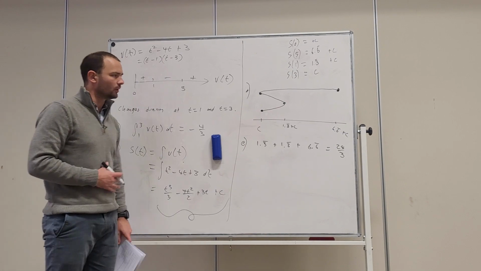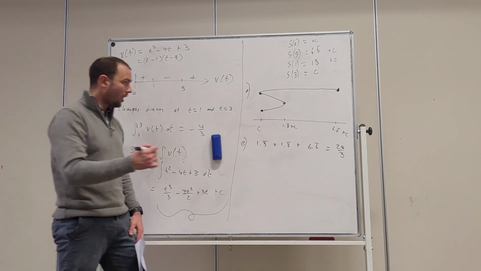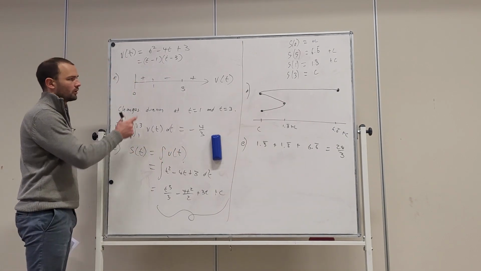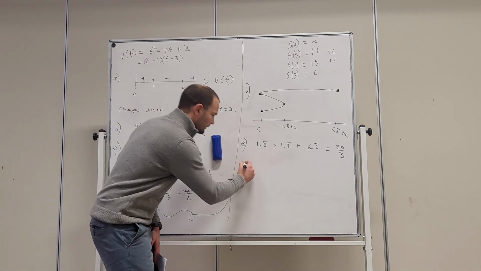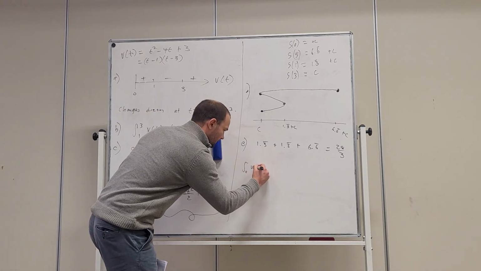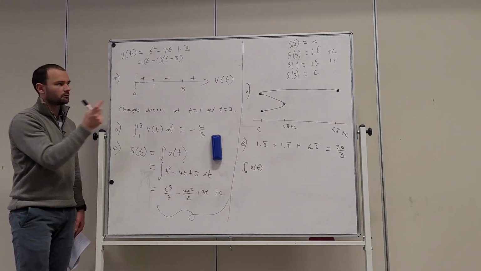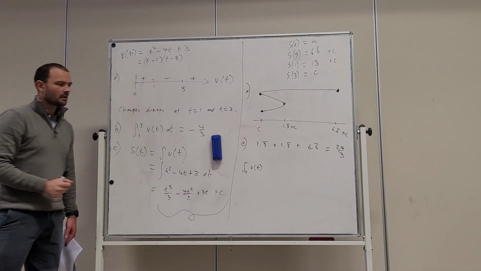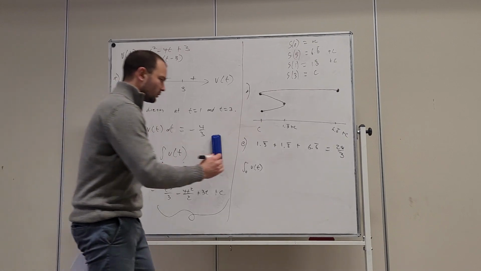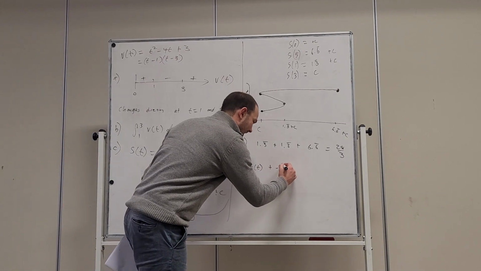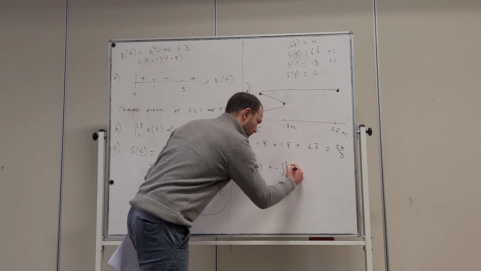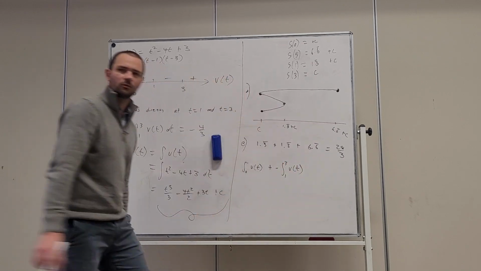Another way we can do it is to go, well, I want to know how far it's travelled in total. So the integral from 0 to 1 of v of t, okay, that's going to be how far it moves to the right over the first second. And then what I'm going to do is I'm going to add the negative integral from 1 to 3. Why the negative integral?